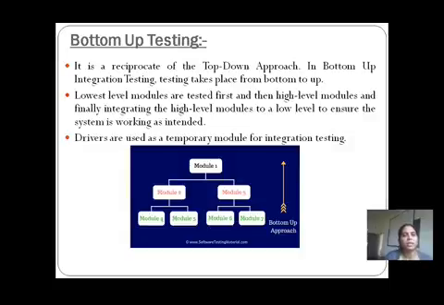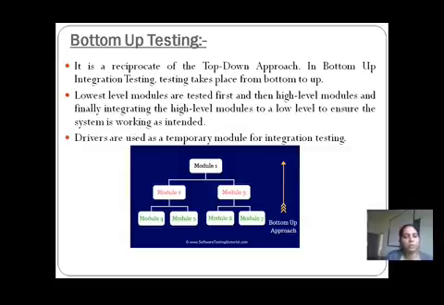Now finally it will be integrated with the higher level module. What is the higher level module in the diagram we are seeing? In this diagram, module 1 is the higher level module. So when the testing of 4 and 5 and 2 is done, it will be integrated with a higher level module, so we need to test it again. Why?